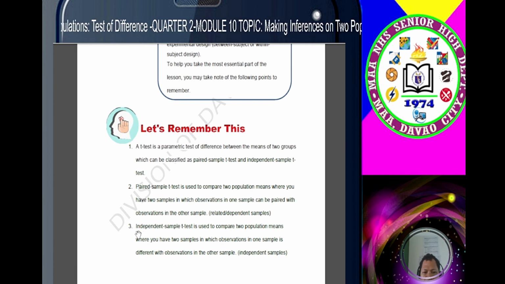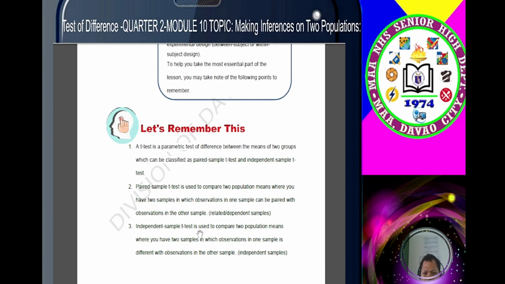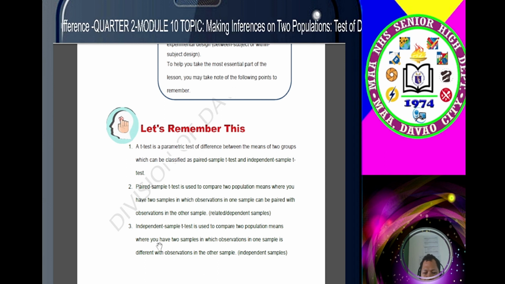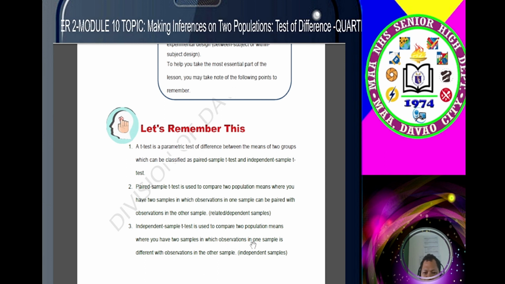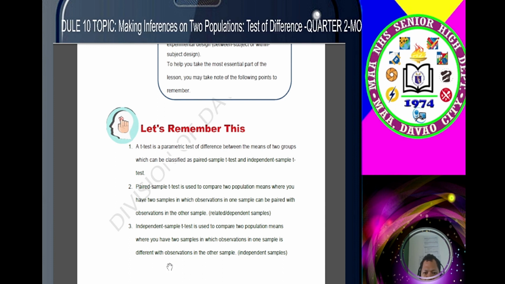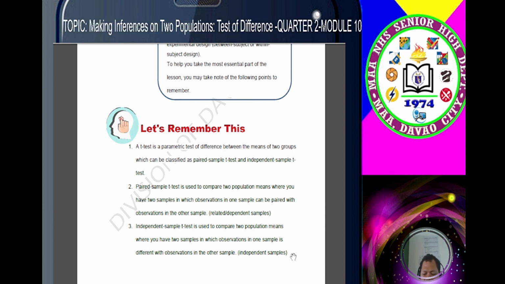Then the independent sample t-test is used to compare two population means when you have two samples in which observations in one sample are different from observations in the other sample, independent samples.